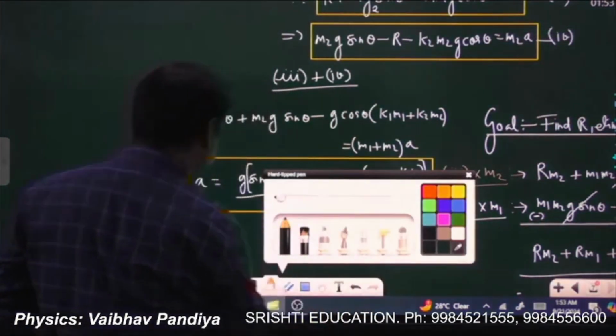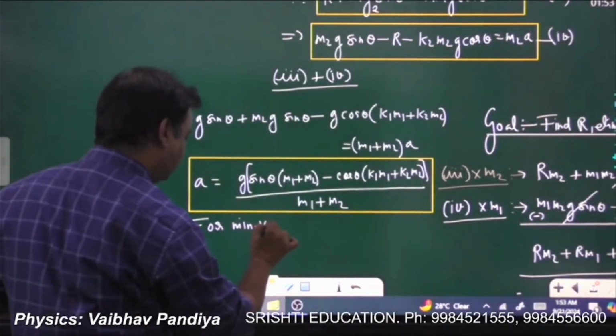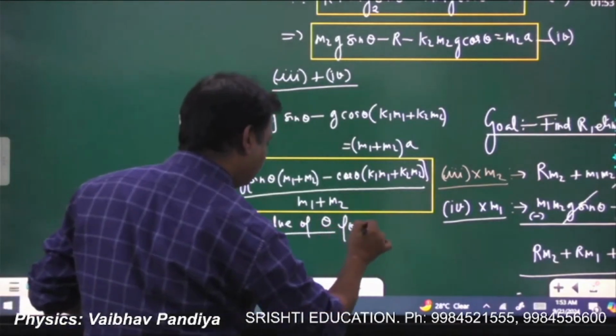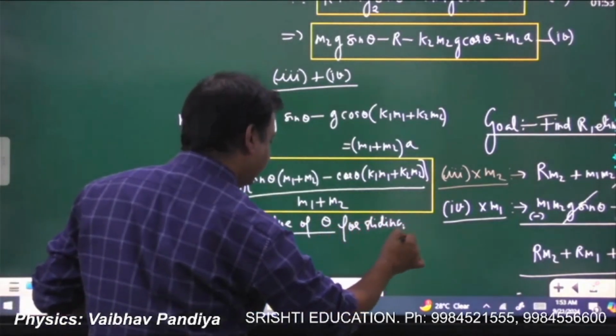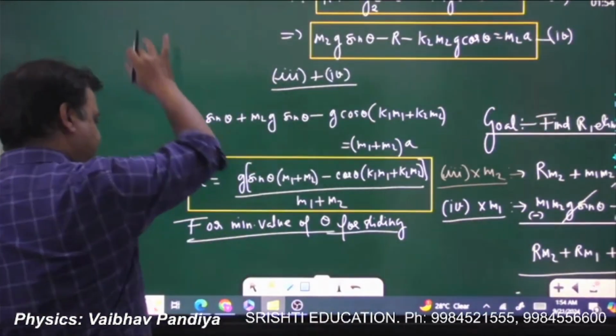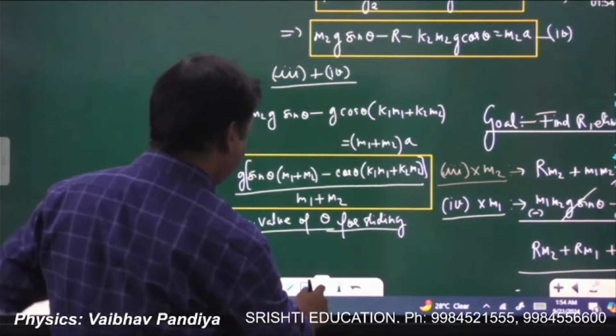So for the minimum value of angle theta for sliding, the concept will be that we take the acceleration to be 0 at the verge of sliding. Just for the sliding case, we will take the acceleration to be 0, correct?